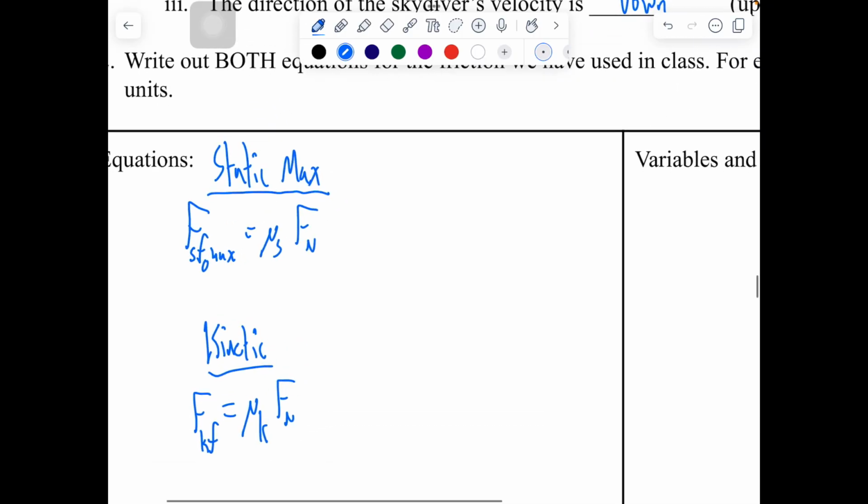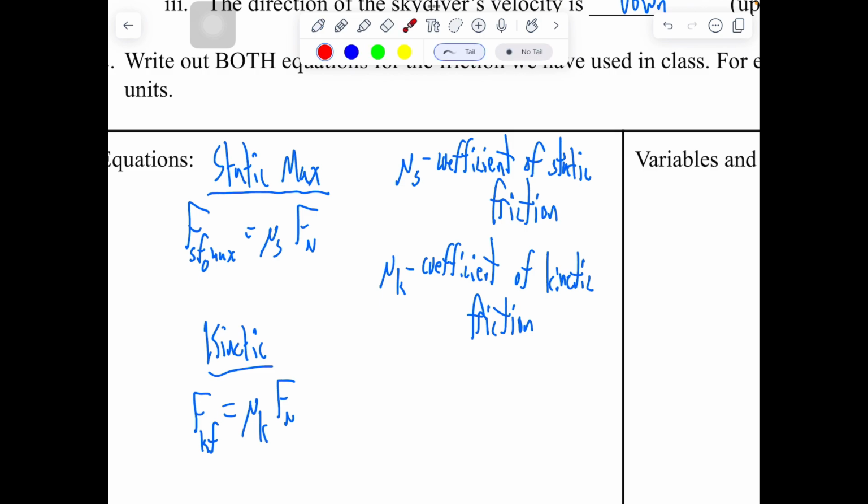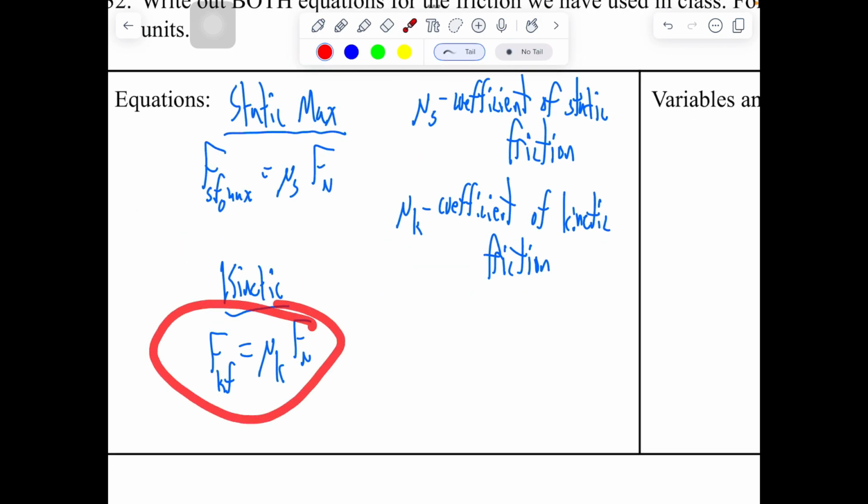Variables, well, mu s, that is the coefficient of static friction. Mu k is the coefficient of kinetic friction. Remember, static friction has a maximum value, but kinetic just has one value.